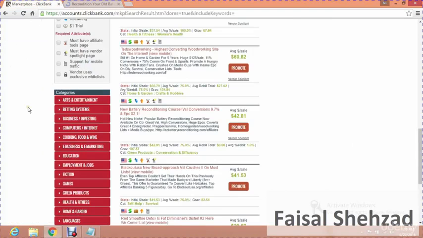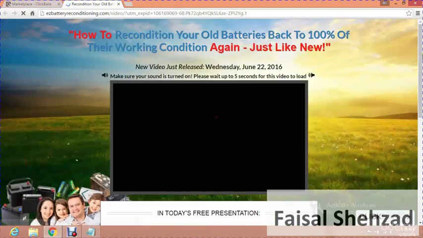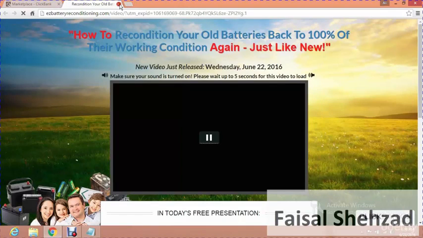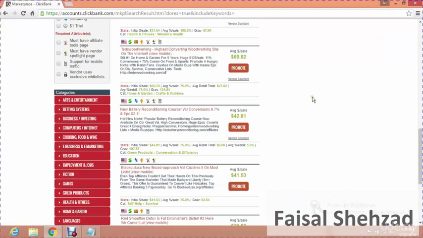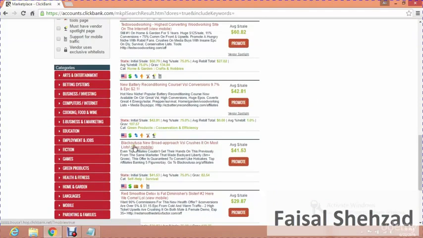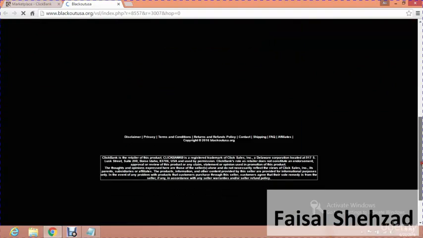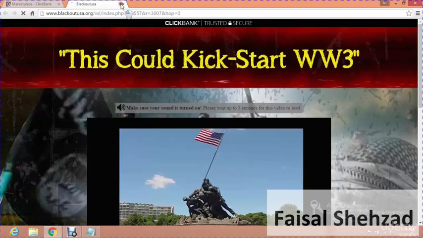If you look at the new battery, no payment option. We are going to leave this. If you look at the black outja new broad approach, no payment options.